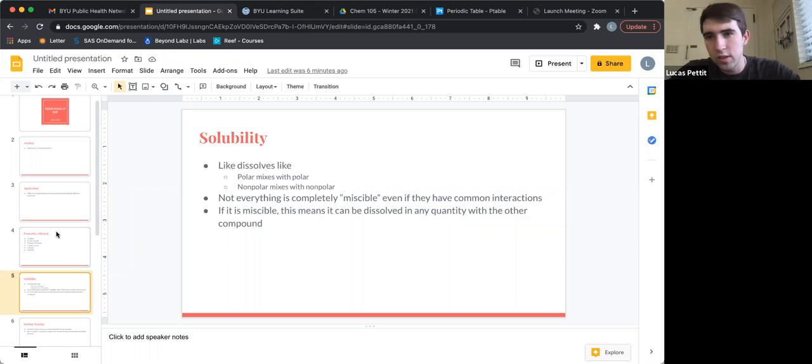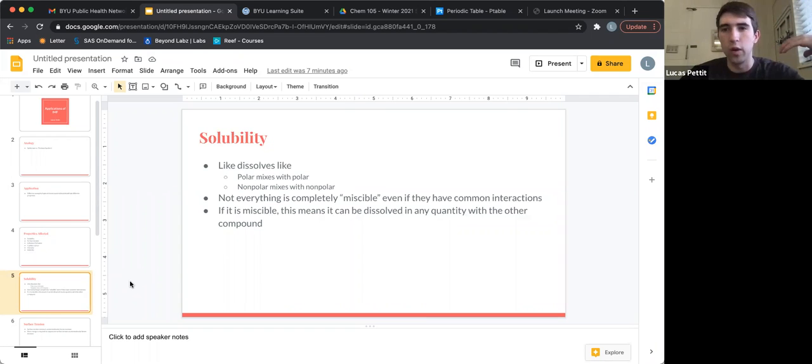So I mentioned this earlier, and it might have been confusing. A polar substance will mix with something else that's polar, if they're both 100% polar, obviously. But sometimes we have substances that have a hydrophilic piece and a hydrophobic piece.